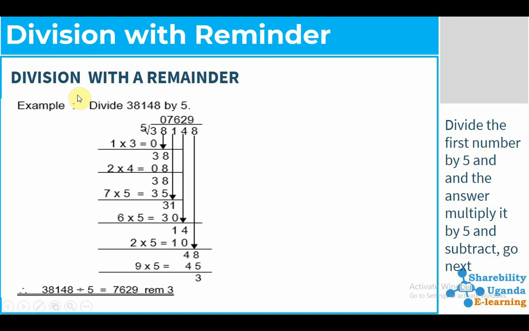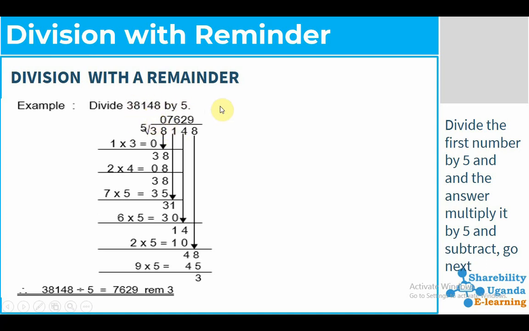This is division with a remainder. We have been given an example here. They are saying divide 38,148 by 5. This looks very big, but we can use long division and come up with the answer.